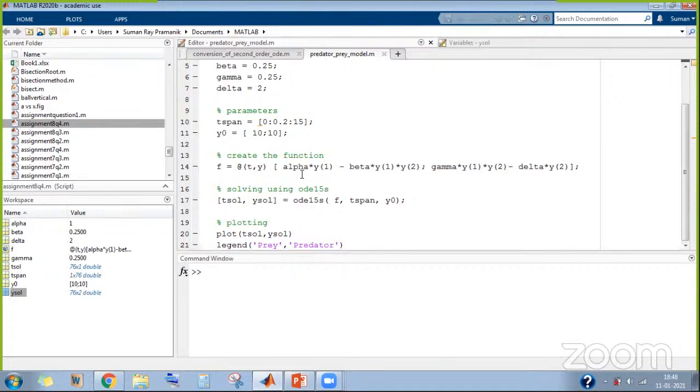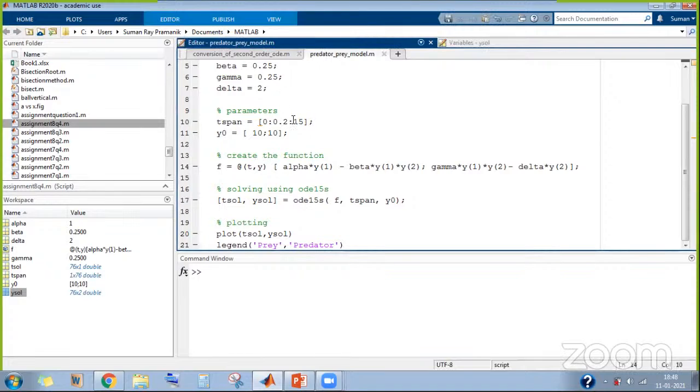One of you had said that if I use H and P, let's do that.